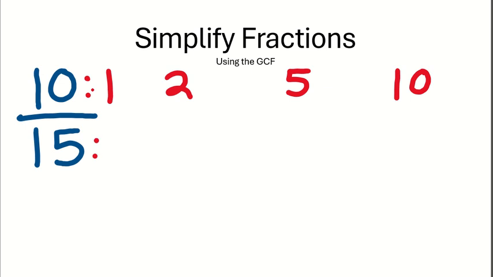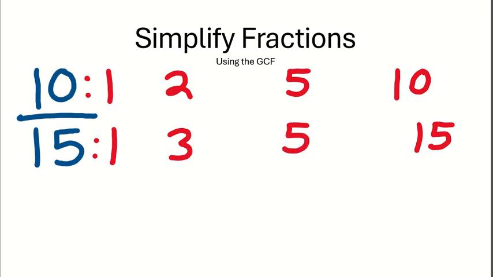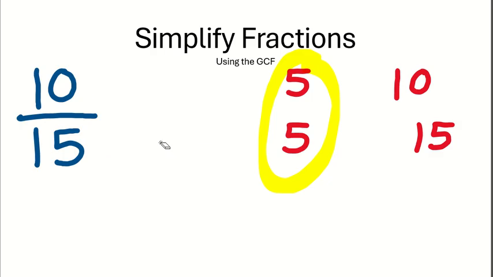Now let's do 15. 1 times 15 is 15. 2 won't go into 15 evenly, but 3 will. 3 times 5 is 15. And the greatest common factor is the biggest number that appears on both lists, and that would be 5. So let's use 5 to divide the numerator and the denominator, or the top and the bottom number, to simplify 10/15.